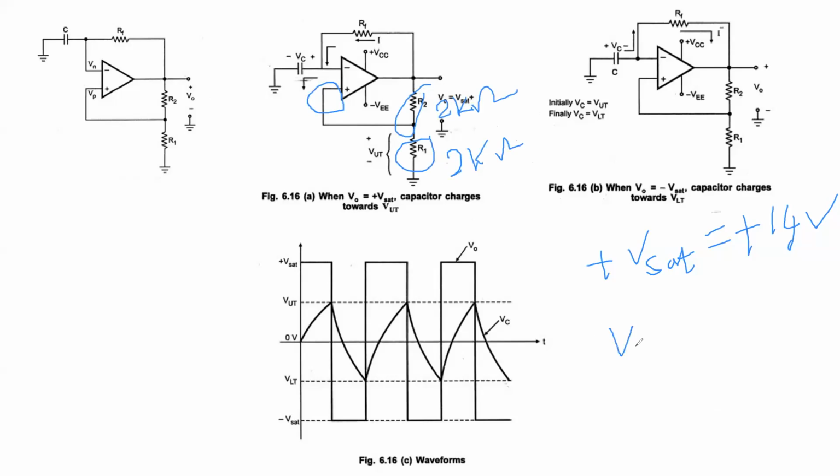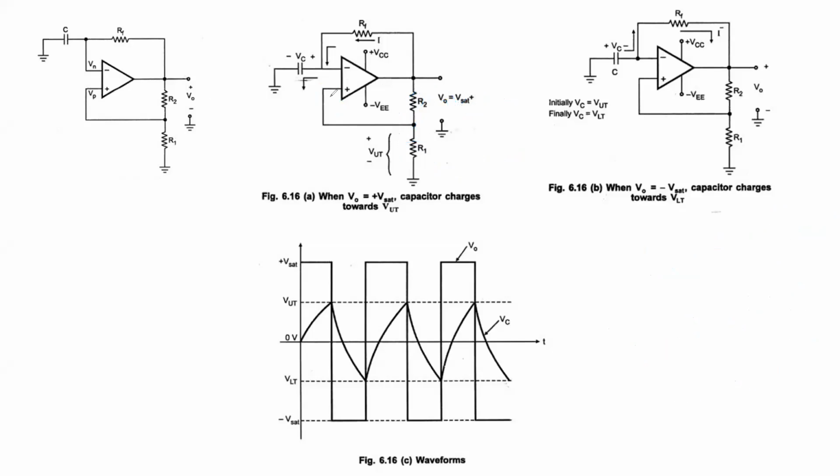What is VUT now, when V0 equal to plus V sat? 7 volts. 14 into 2 by 4. That means VUT is 7 volts, sir. Right, VUT is 7 volts.